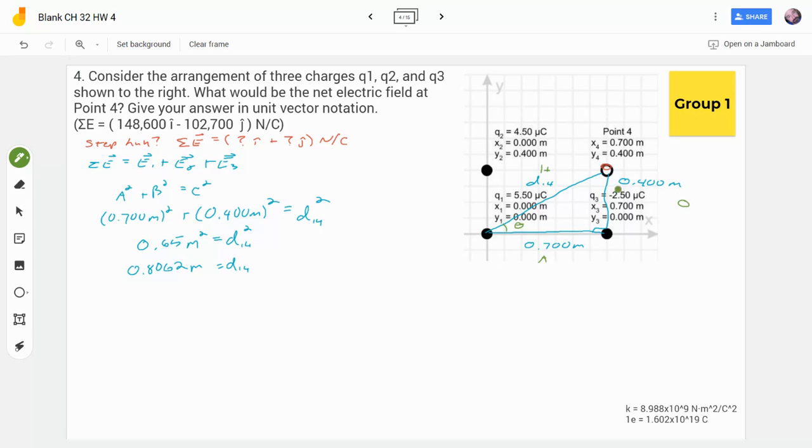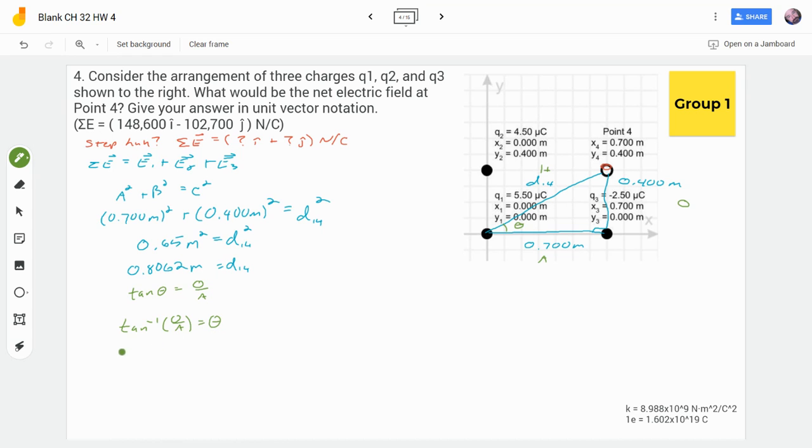I know opposite and adjacent without any rounding. There is some rounding in H, so I'm going to avoid that one. I know opposite and adjacent, and I want to figure out theta. So which trig function does opposite, adjacent, and theta? That would be tangent. Remember TOA. Tangent of theta is equal to opposite over adjacent. Therefore, inverse tangent of opposite over adjacent is equal to theta.